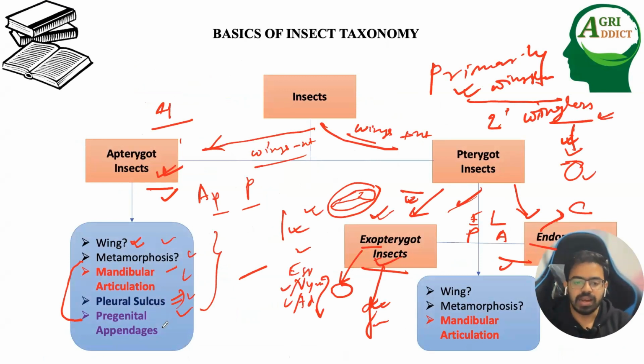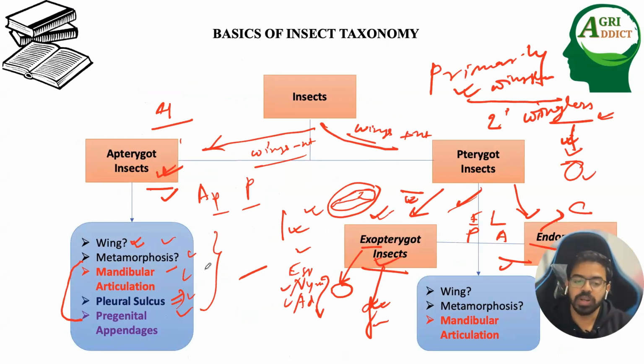And lastly, the pregenital abdominal appendages. The abdominal appendages which are before the genital appendages. Genital appendages may be ovipositor in females, or the male genitalia for males.